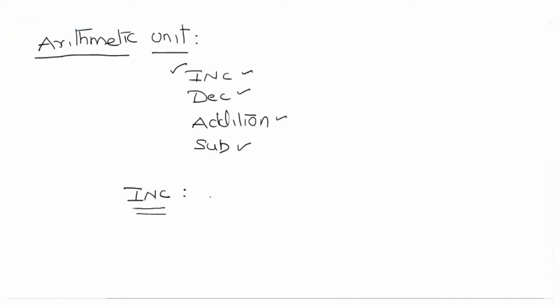Okay. Now, the incrementing unit should perform a variable A plus 1. Now, what is the size of the ALU? The size of the ALU is a 4-bit ALU. Now, A must be a 4-digit number, that is, let us say 1011 in this case. And a 1 should be added for incrementing.